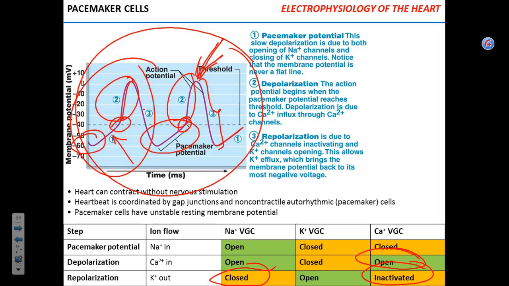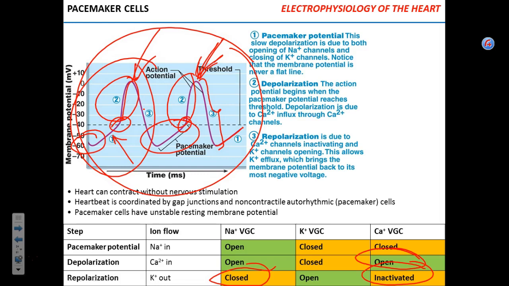So sodium automatically, quote unquote, flows into the cell. Of course, when the cell is completely depolarized, they close. But as it becomes repolarized, they open again. There is no inactivation involved. Does that make sense here? Okay?